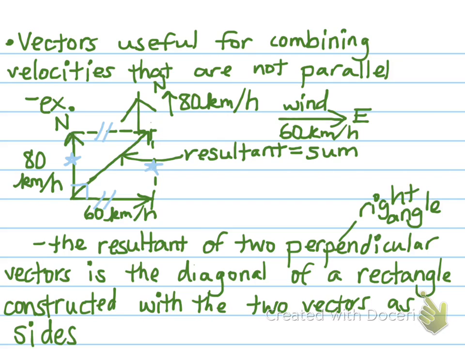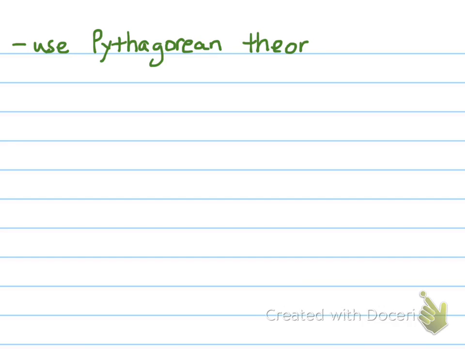But mathematically, how do we figure out that number? Well, you're going to use a little geometry. You're going to use the Pythagorean theorem. Now, hopefully you've learned this before, that this is where you have a side.